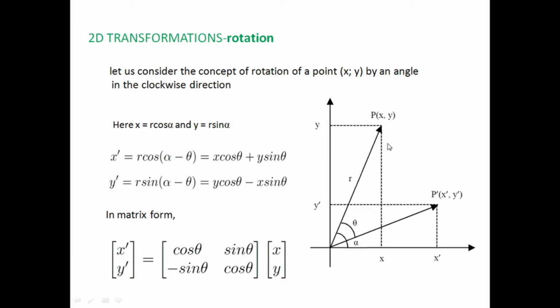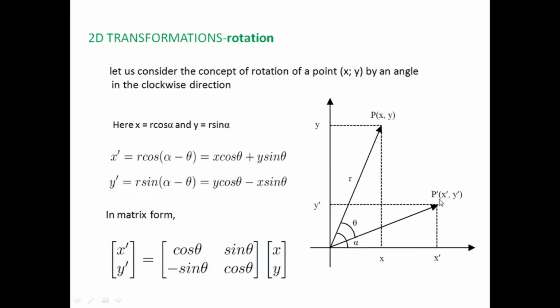So previously, if I assume the distance between the point P and the origin is r, then according to basic mathematics x equal to r cos alpha, y equal to r sin alpha.